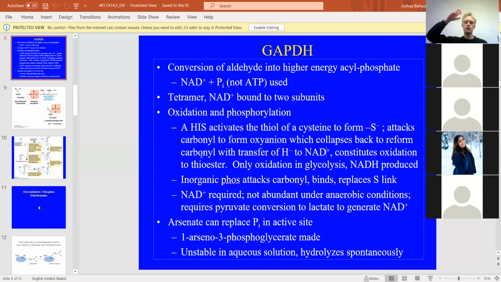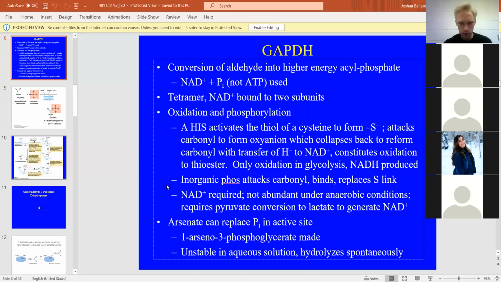So the histidine deprotonates the sulfur on the cysteine, and cysteine is a part of the active site in glyceraldehyde 3-phosphate dehydrogenase. The sulfur then attacks the carbonyl to form the oxyanion, which then collapses back to reform the carbonyl, and it transfers the hydride to NAD+.